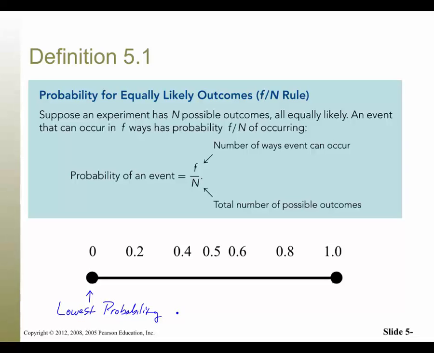It means that of all the possible events, 0 of them qualify. So it's impossible. It never occurs.